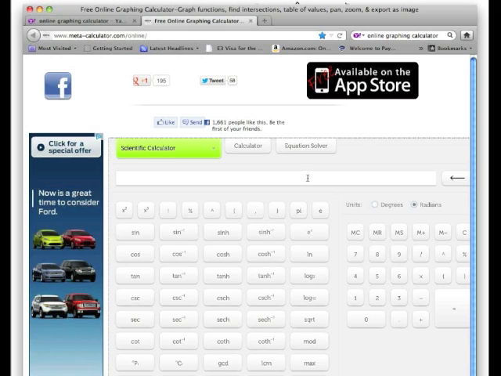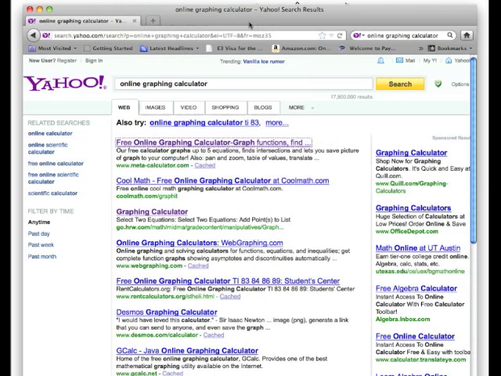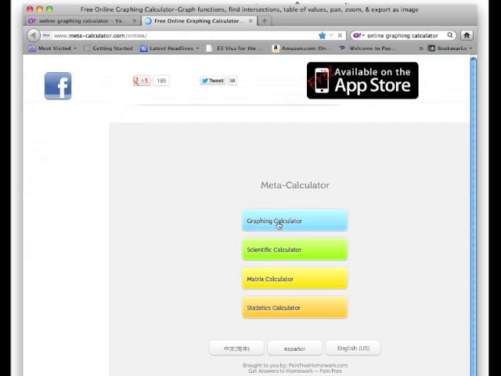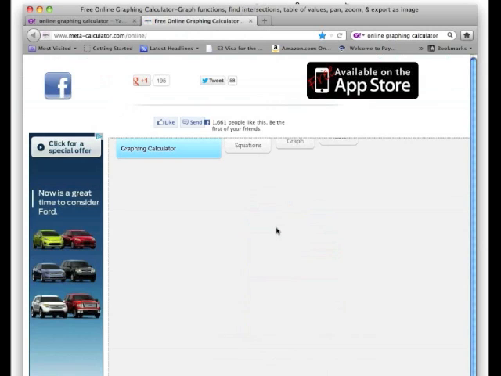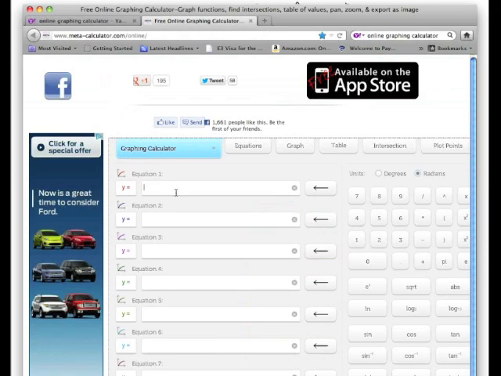All right, so what I'm going to do here is look at graphing this. And so, if you go back one, here it is, right there. All right, and so we click on Graphing Calculator, and here's our first equation.